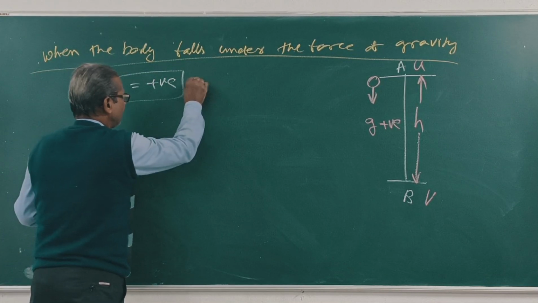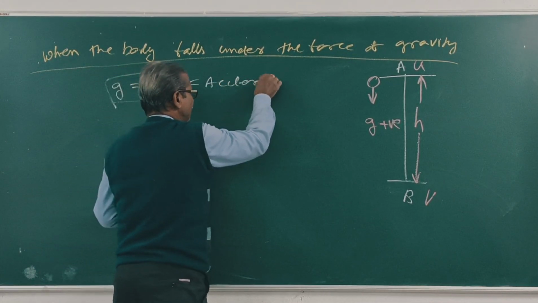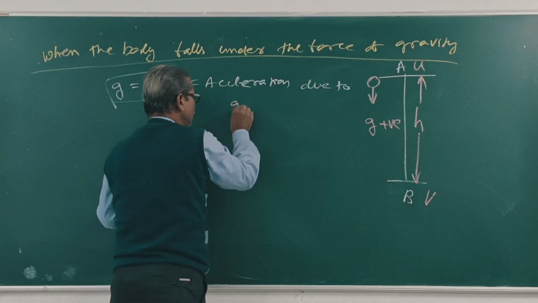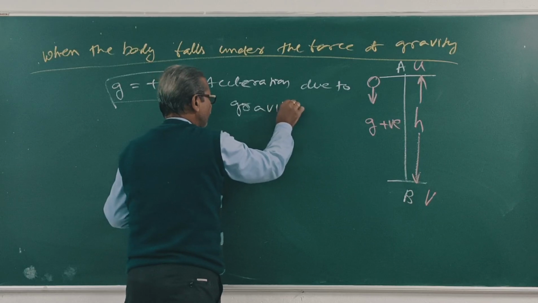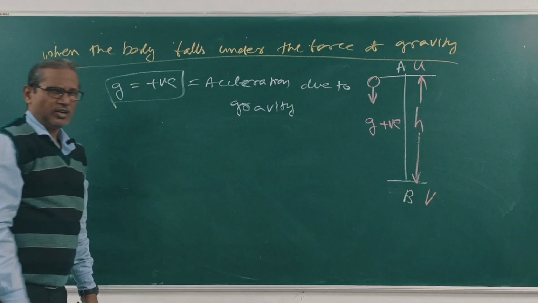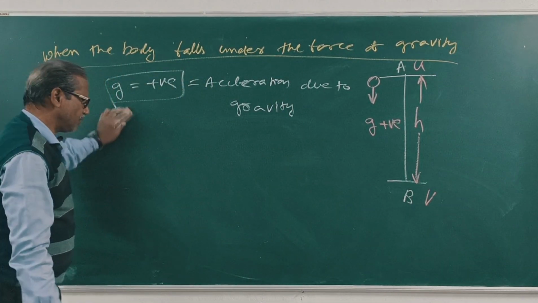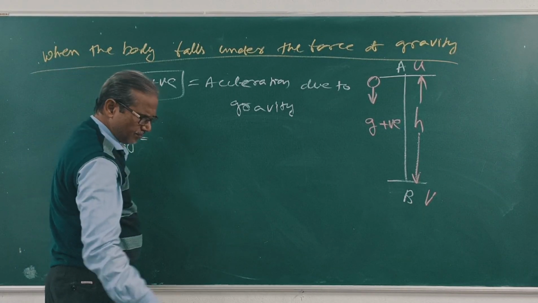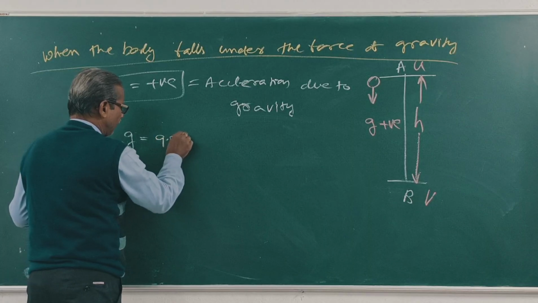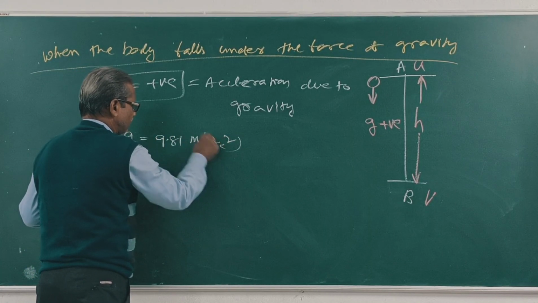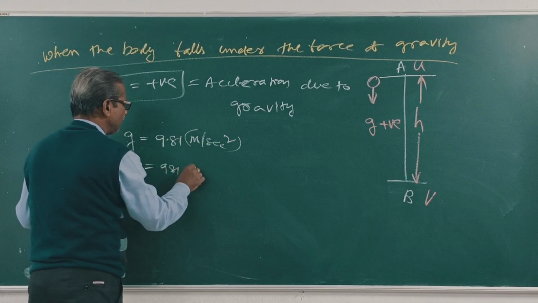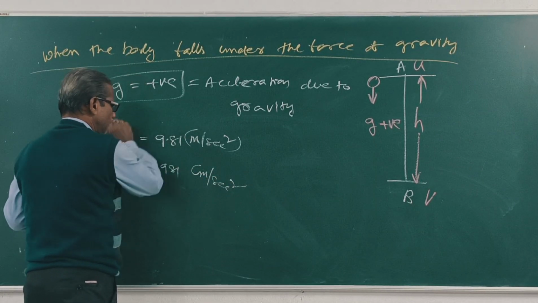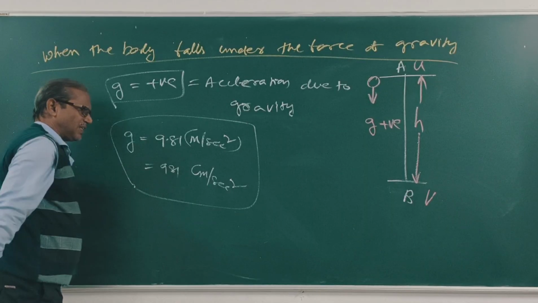What is g? Acceleration due to gravity. What is the value of g? g is equal to 9.81 meter per second square, and 981 cm per second square. Value of g, acceleration due to gravity.